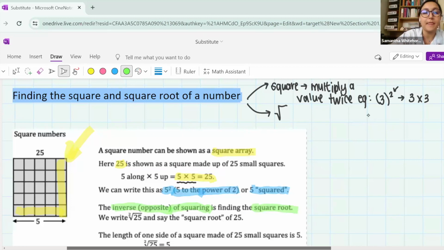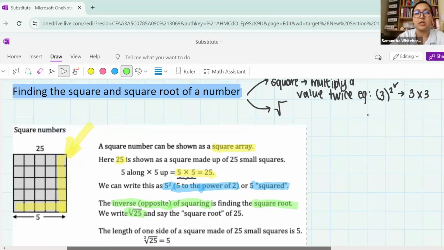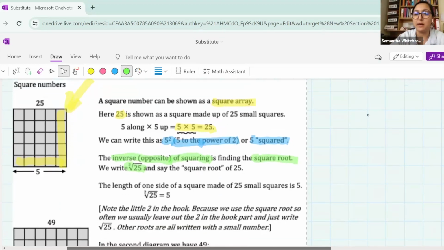For example, if we wanted the square root of 25, I'm essentially asking what two identical numbers I multiply together in order to get 25. If we go back to our square, we know that we multiplied a 5 and a 5. And so the square root of 25 is 5.